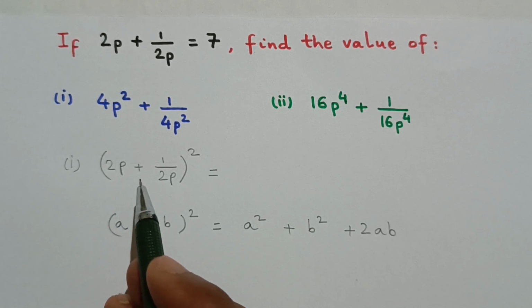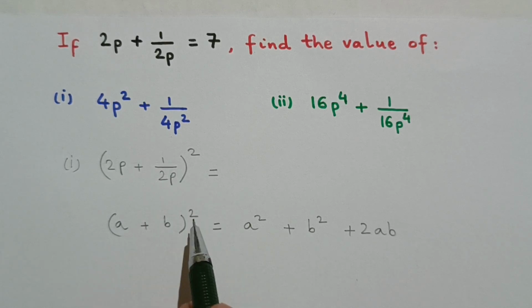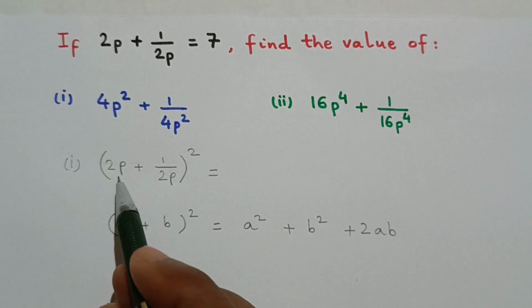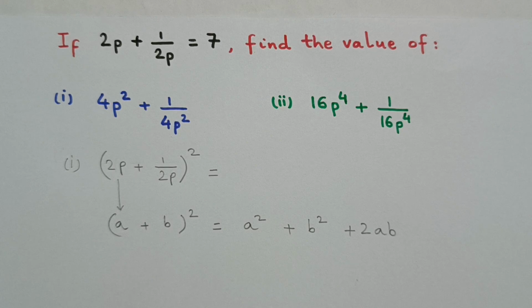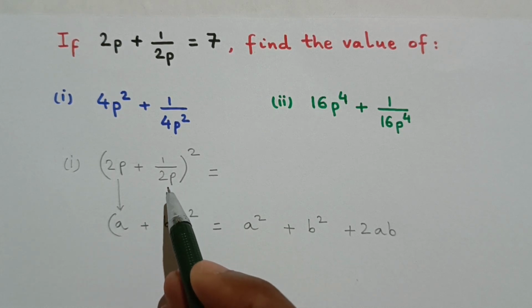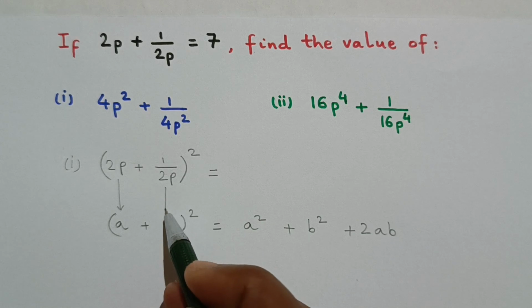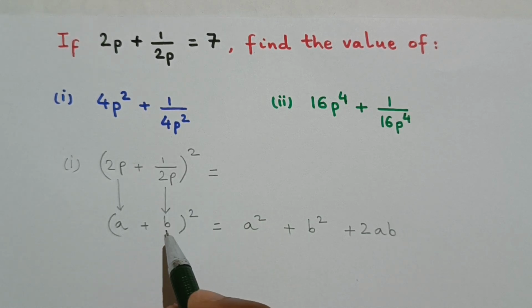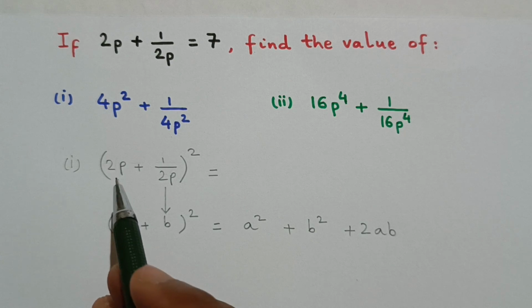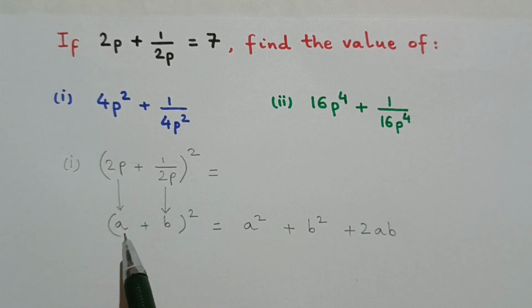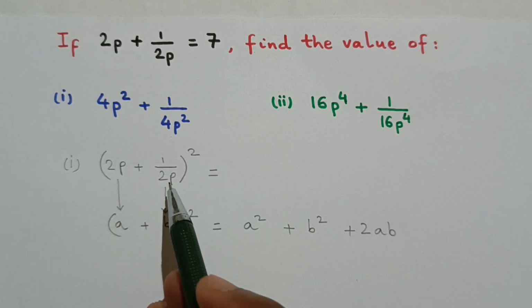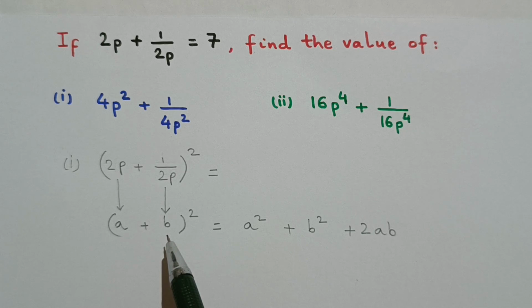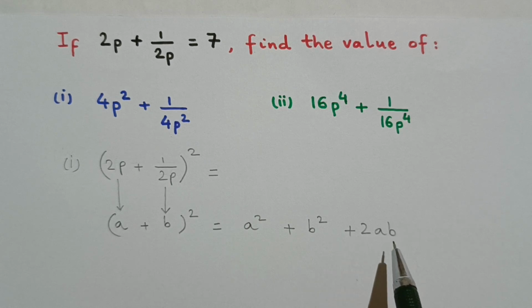So here, 2p corresponds to a and 1 upon 2p corresponds to b. Now we know that a plus b whole square is a square plus b square plus 2ab.